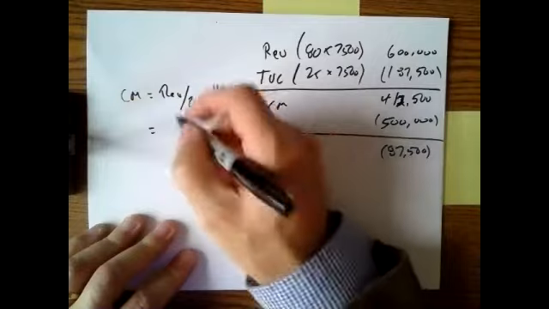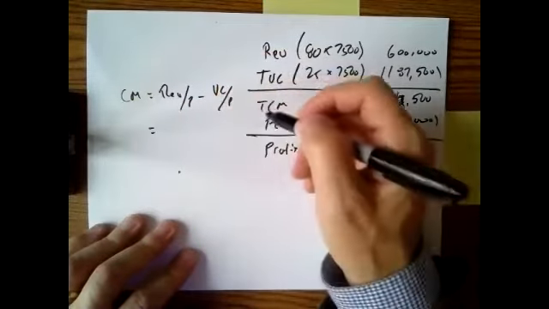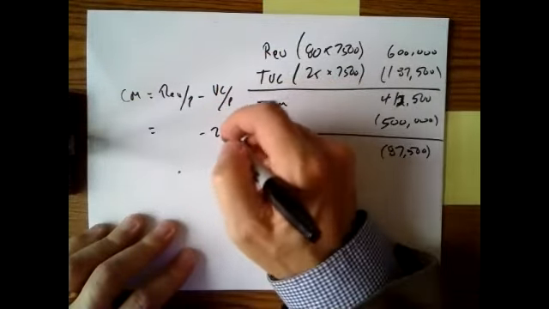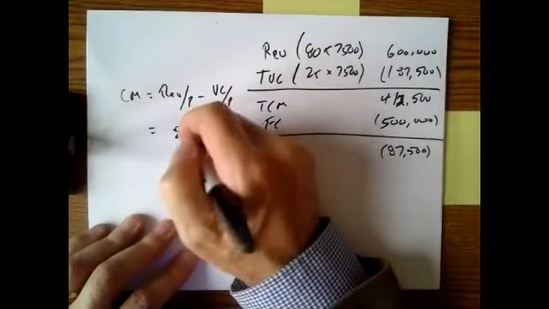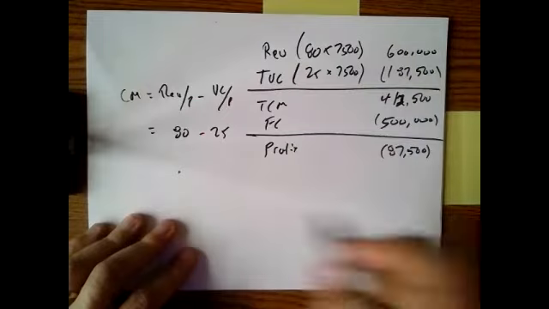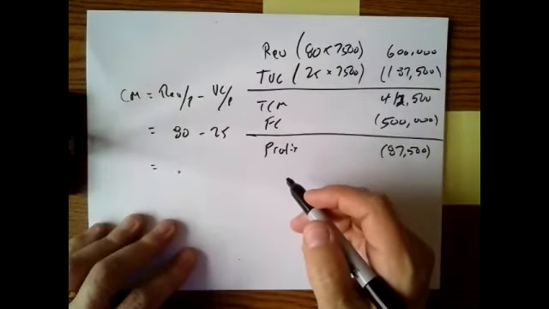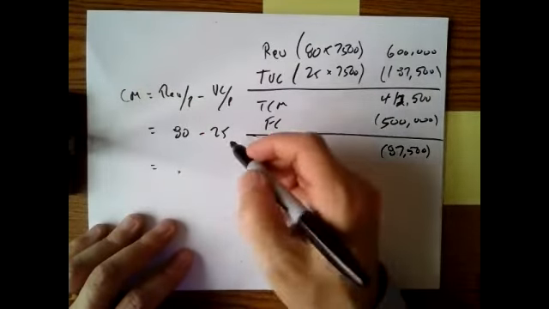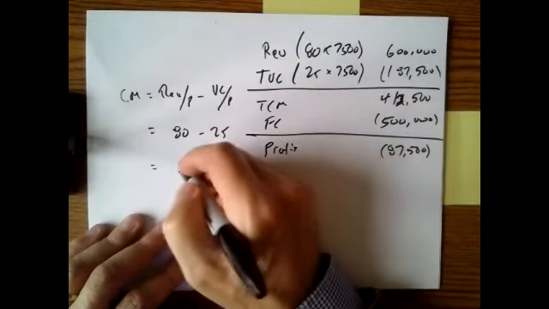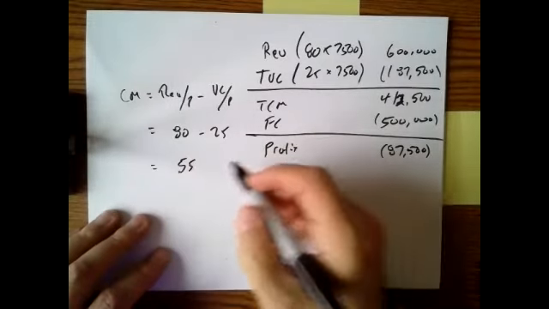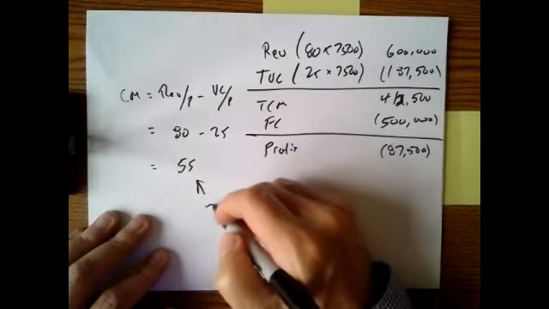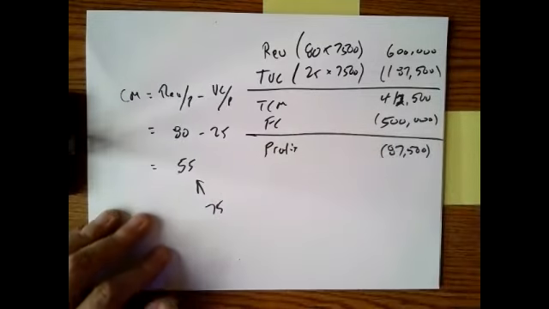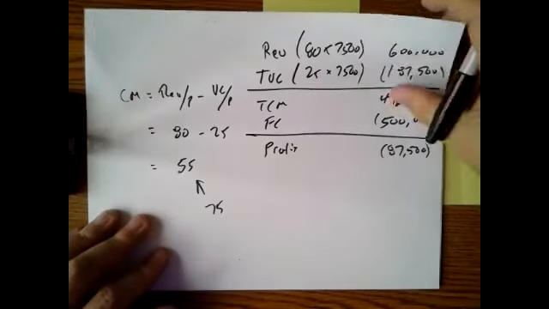So the revenue per procedure was 100, and the variable cost per procedure was 25, but now the revenue per procedure is 80, so the contribution margin per procedure is 80 minus 25, which is 55. So previously it was 75, it's now gone down to 55.